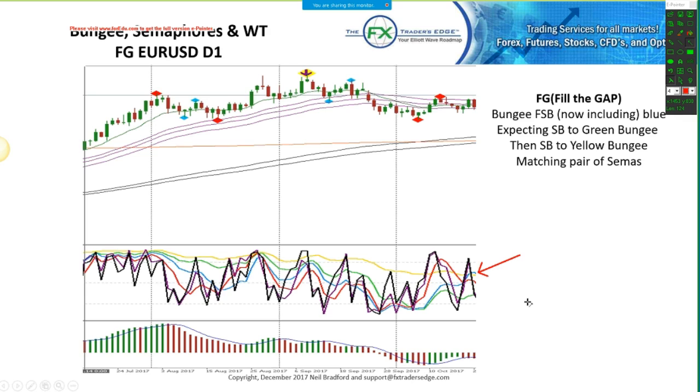Look, it's pointing down. We're expecting the snapback, not necessarily into the low reversal zone, but down to the green bungee, and then up to the yellow bungee.